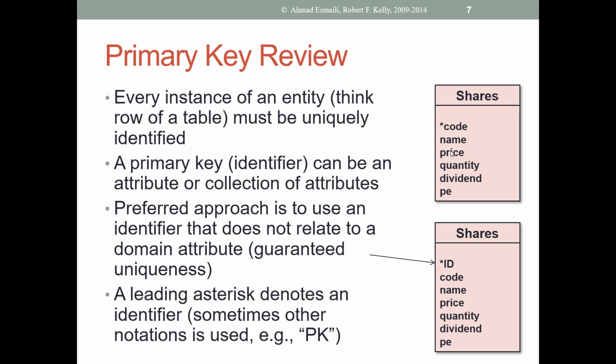If we ask MS Access to provide a primary key, it will add one field, which is ID right here. So in place of using code as a primary key, we will use ID as a primary key. The message is how we designate a primary key in the RDM: we use a star just before the attribute which we will be using as a primary key in our table or entity.